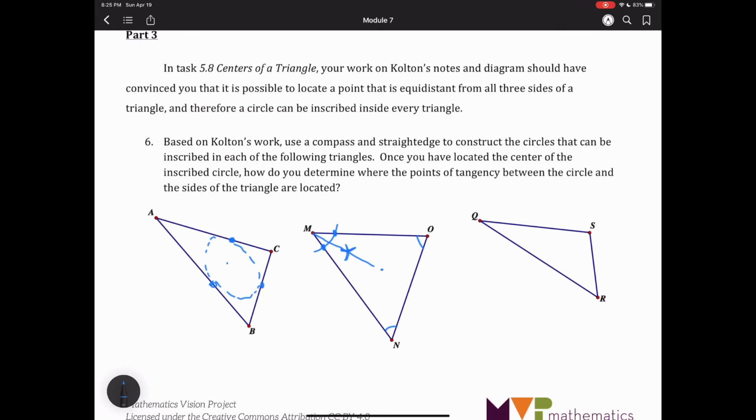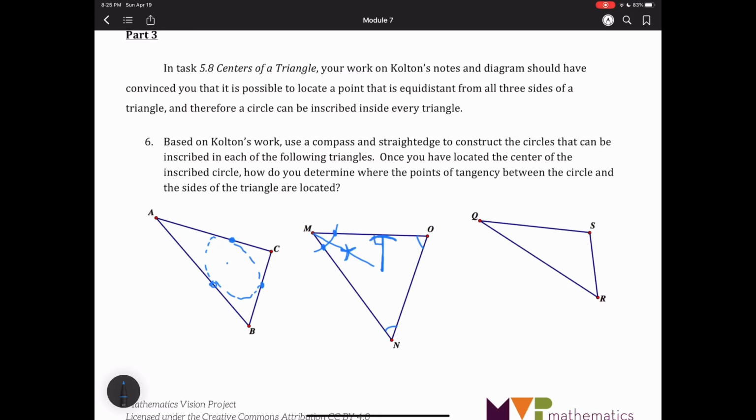So now we need to determine how we figure out how to actually inscribe this circle. So what you need to do then is you'll have to drop a perpendicular line here, okay? One pretty handy way to do that is to use your compass and see where the absolute longest it is before it touches, and that's going to be your tangent line. That's going to be perpendicular.